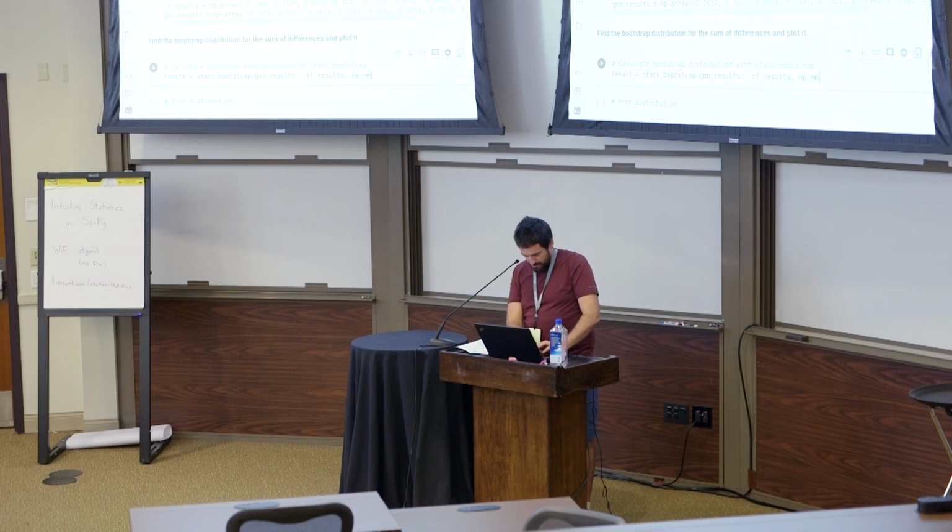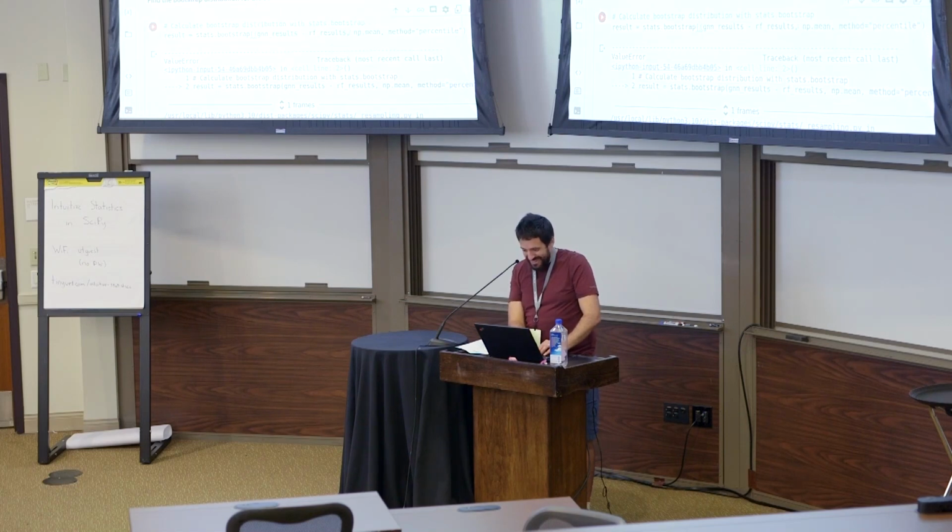Statistic, mean, method. All right, so I'm generating this. Wait, I didn't even run that cell. All right, now I'm going to run the cell. Oh yes, it needs to be a tuple. I always mess that up.